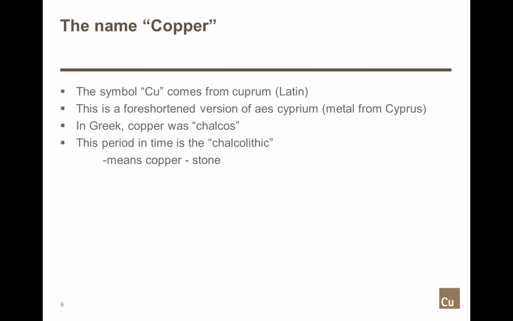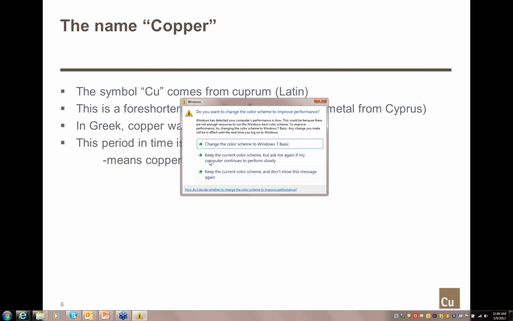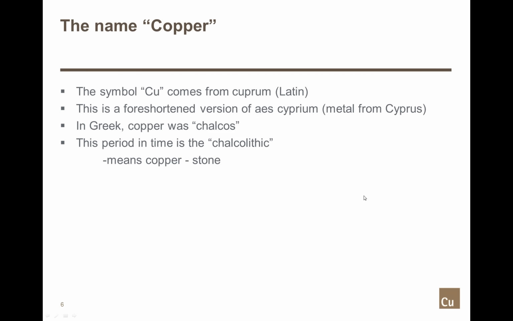The name copper. Actually, let's talk about the symbol. Cu comes from cuprum, which is a Latin word for copper. This is a foreshortened version of a longer phrase, generally Aes cyprium, or metal from Cyprus.